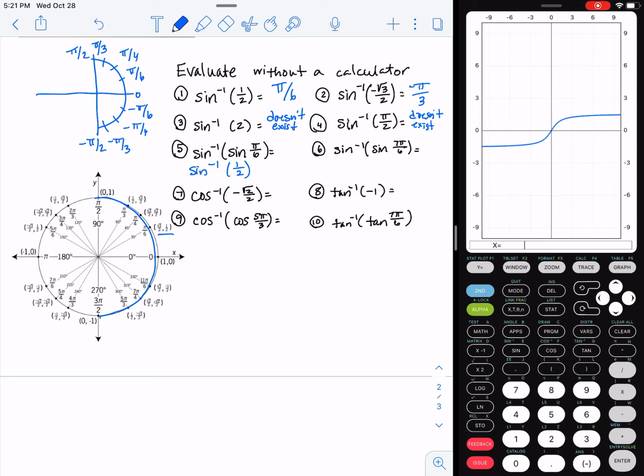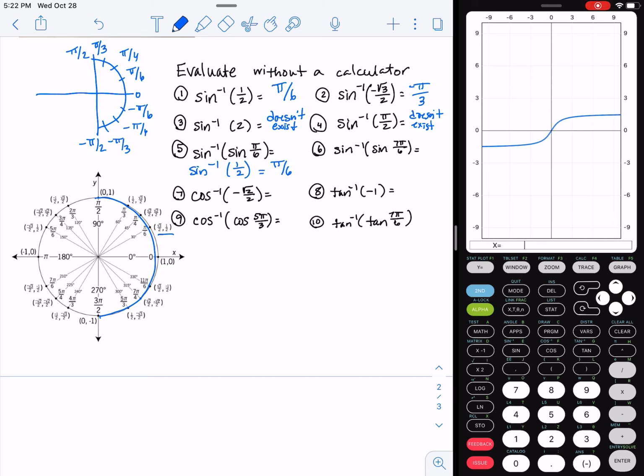I'm looking at where the y value is a half. It's equal to pi over 6. So notice, since arc sine and sine are inverses of each other, they kind of cancel each other out. So that's going to be pi over 6. Take a look, though, at number 6. Keeping that same idea, arc sine and sine would cancel each other out, but that's 7 pi over 6.